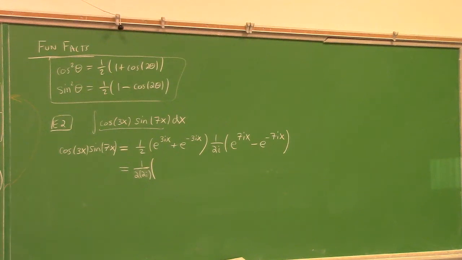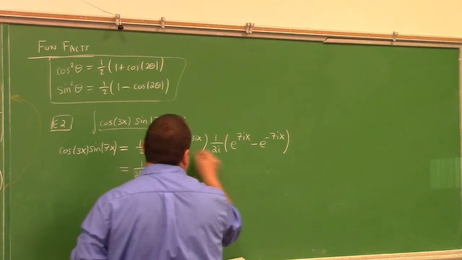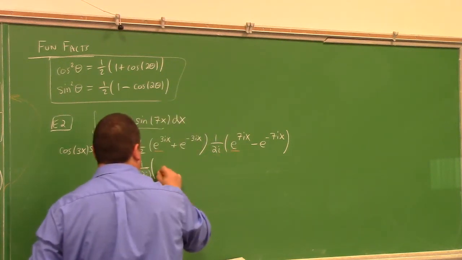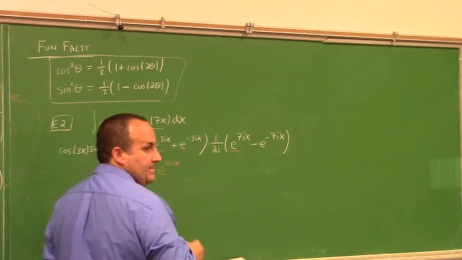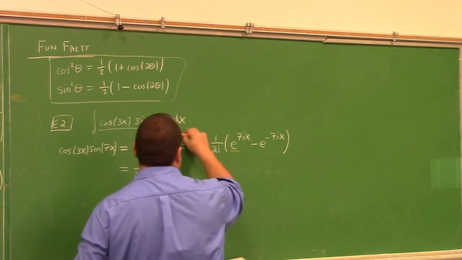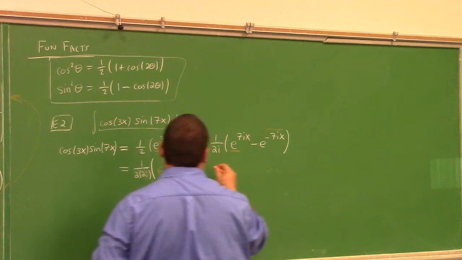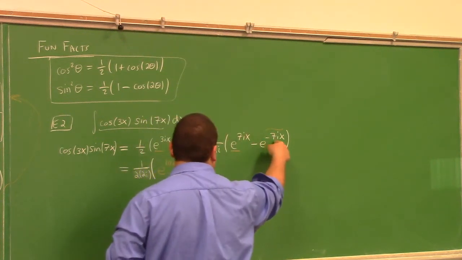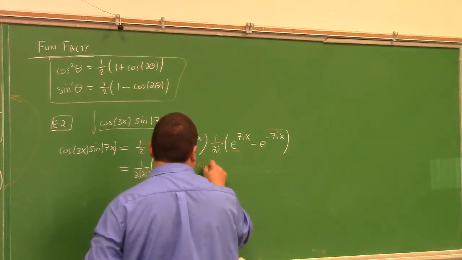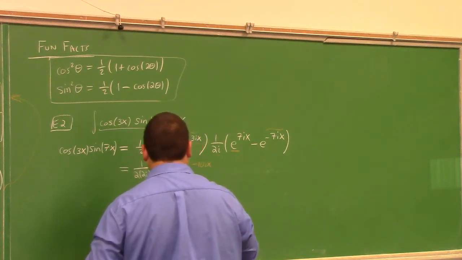So then let's just multiply. What's e to the 3ix times e to the 7ix? We have e to the 10ix, right? And also this one and that one gives me minus e to the what? Minus 3 minus 7, minus 10ix, right?